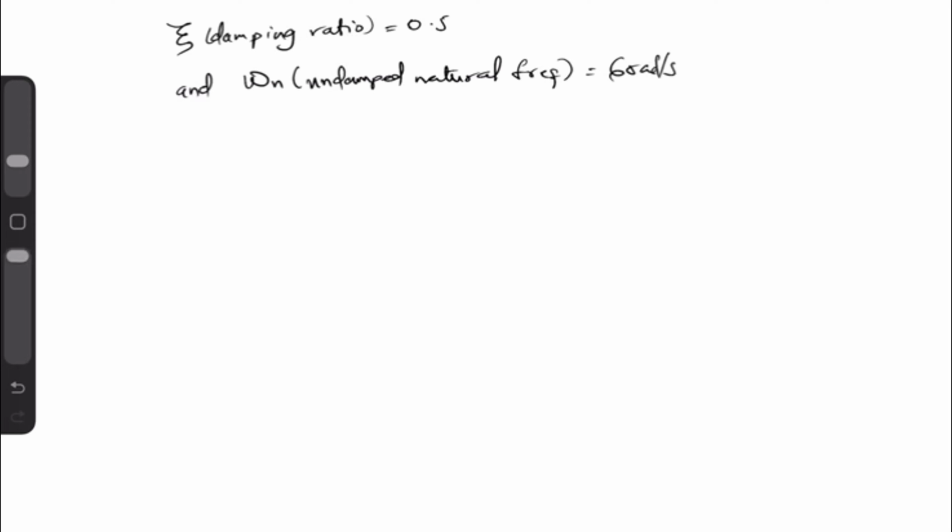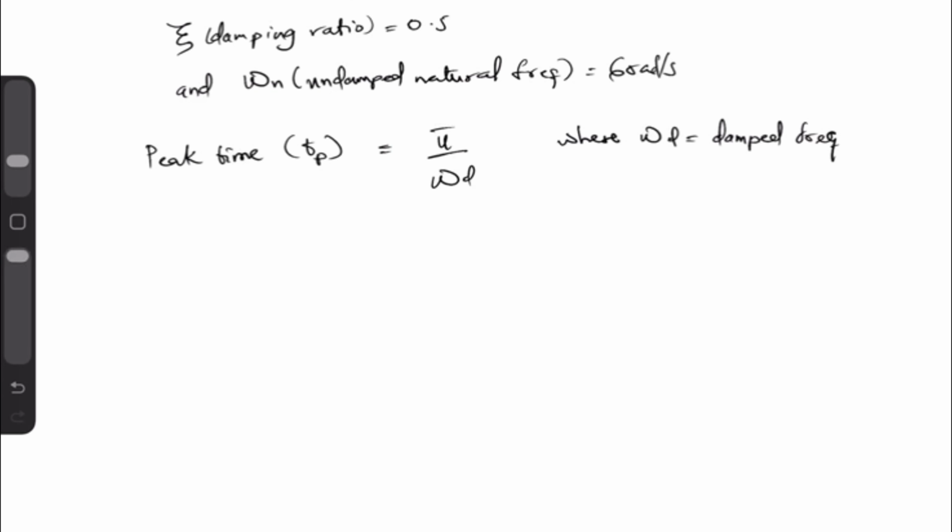As I said, we are dealing with peak time, T_P, and T_P is equal to pi over omega d, where omega d is the damped frequency.